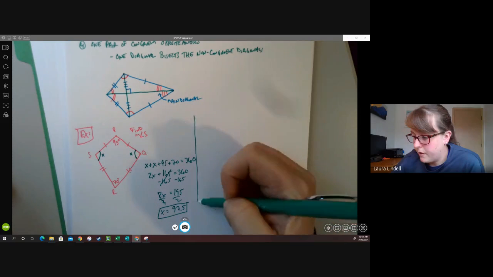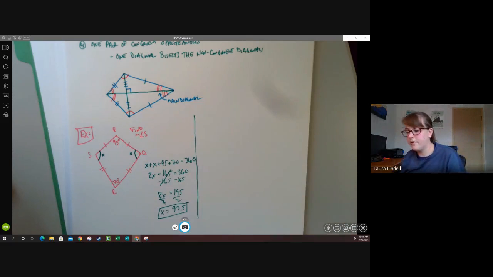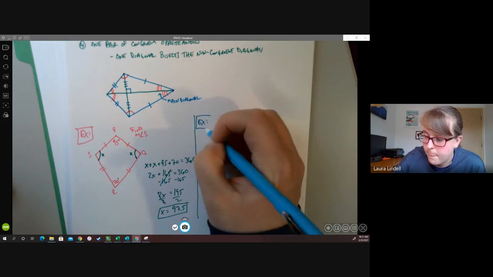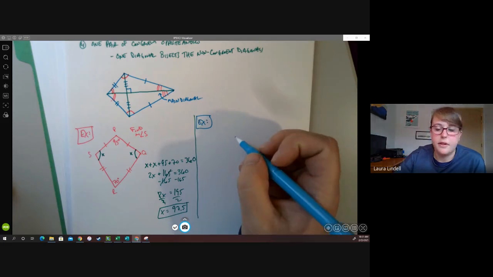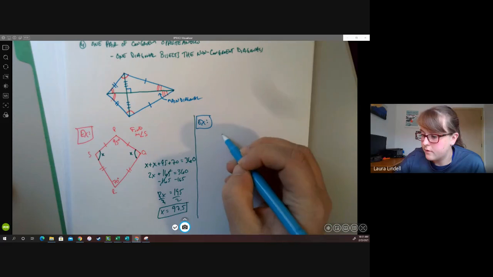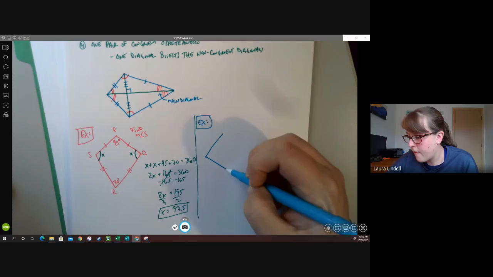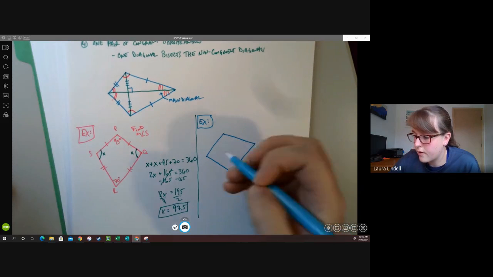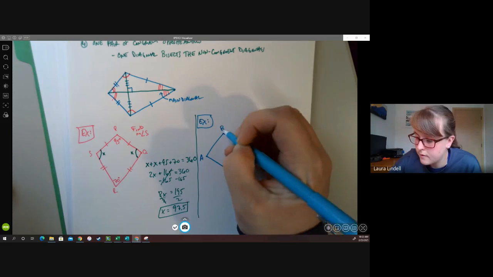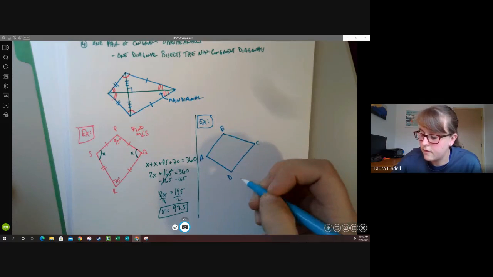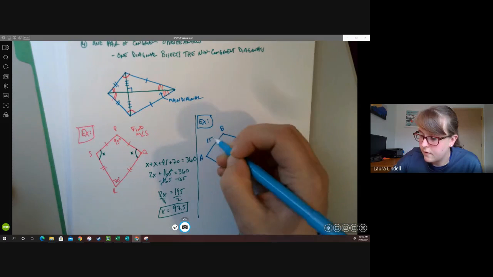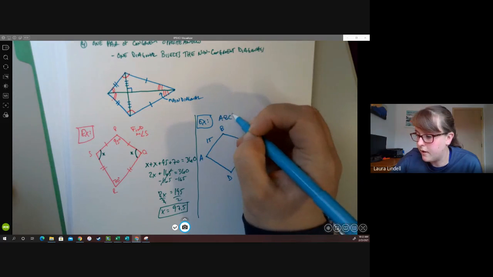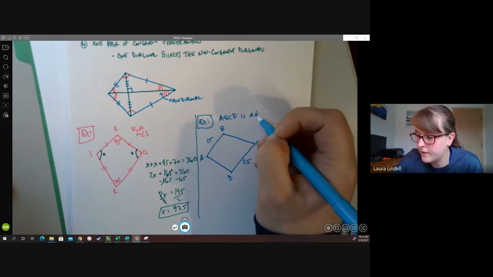Another kind of problem that you'll see has to do with more of the sides. So we'll see something like, ABCD is a kite.